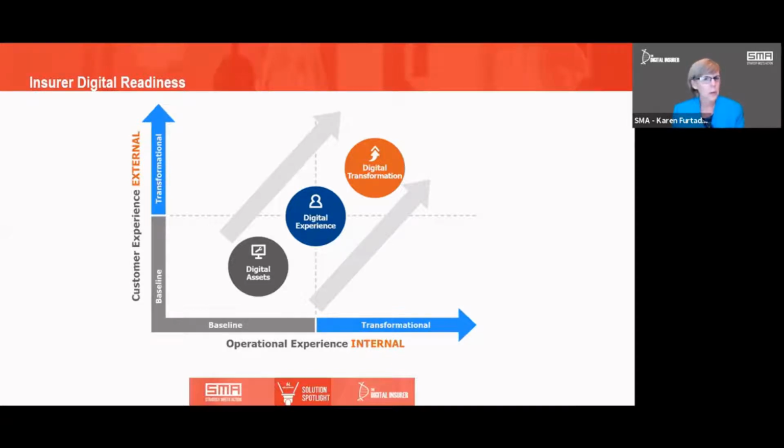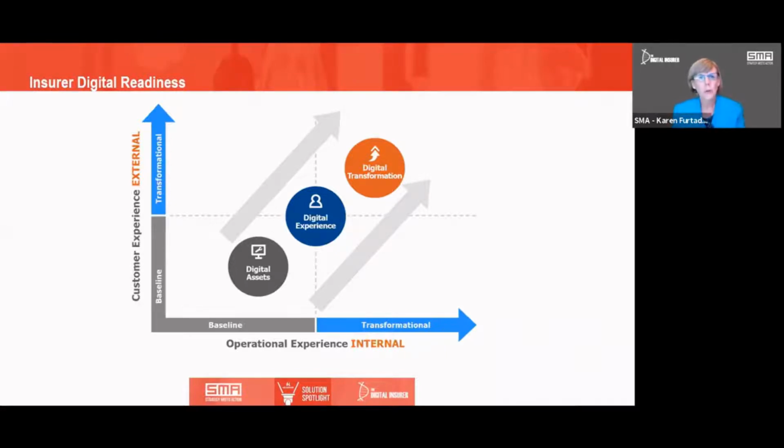Now we're considering a completely different expectation. From an outside-in perspective, you've probably all started to do some journey mapping to try and get closer to understand what that consumer, policyholder, claimant wants to have for an experience. You as well are probably looking at a lot of transformational technologies that will help enable that.